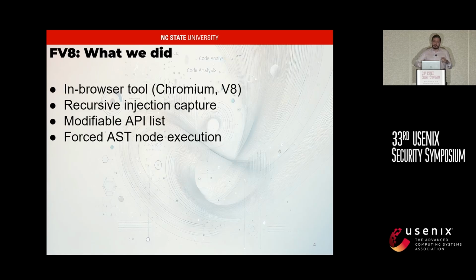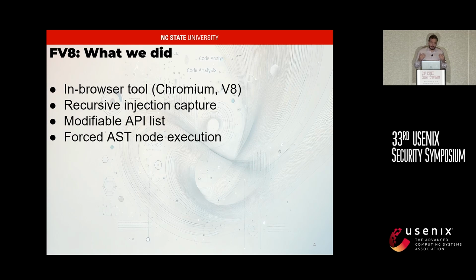Some of the advantages of our tool are that we make our patches, our modifications, inside the browser, inside Chromium. That means that no matter how many levels of injections you have, you can still capture the whole code execution. We apply forced execution based on a list of APIs related to dynamic injections.